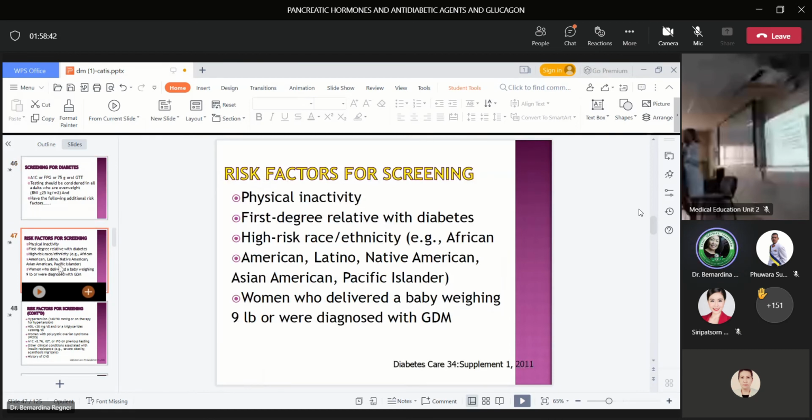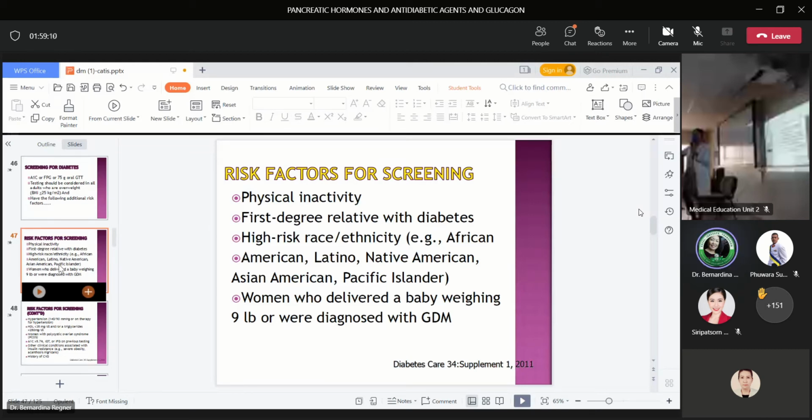Okay, so what will be the risk factors for screening? You have to more or less encourage this person for screening. Physical inactivity, first degree relative with diabetes, high risk race or ethnicity: African American, Latino, Native American, Asian American, Pacific Islanders. Women who delivered a baby weighing 9 pounds or more.